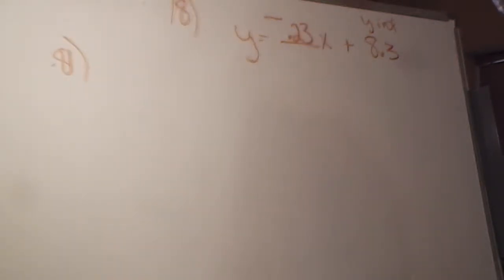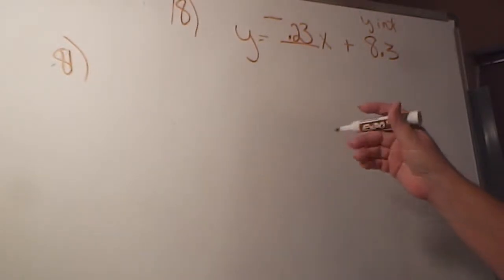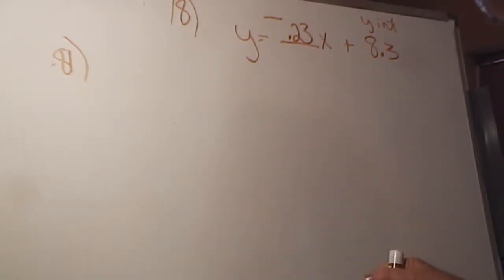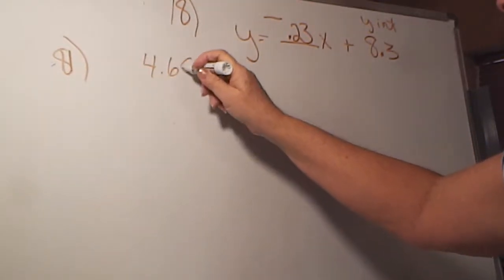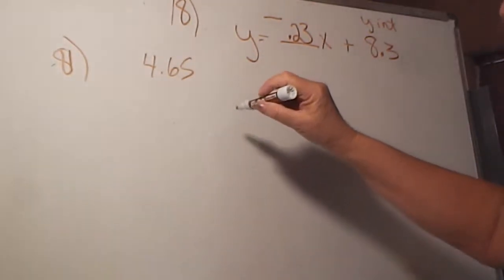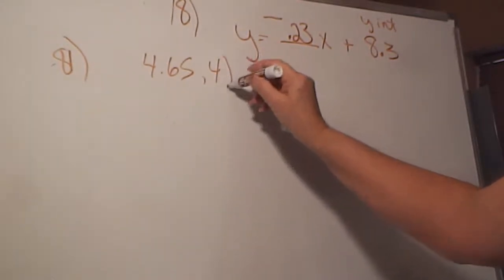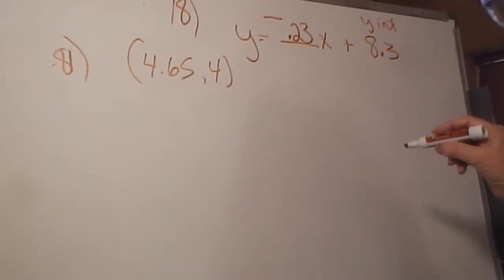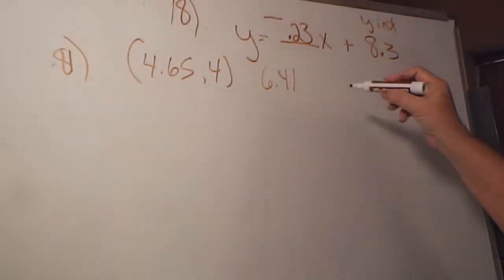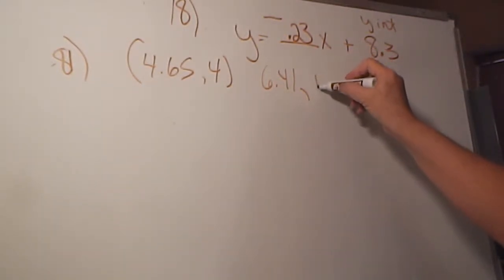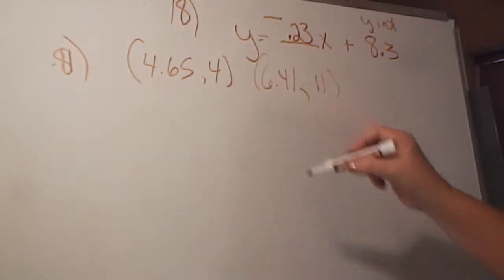So the first thing we're going to do, it asks us to find a linear function. You can pick any two points. I'm going to say, okay, I see a point. The first one is 4.65 centimeters, which has a ring size of 4. Then a 6.41 centimeter finger has a ring size of 11. I picked the first and the last.